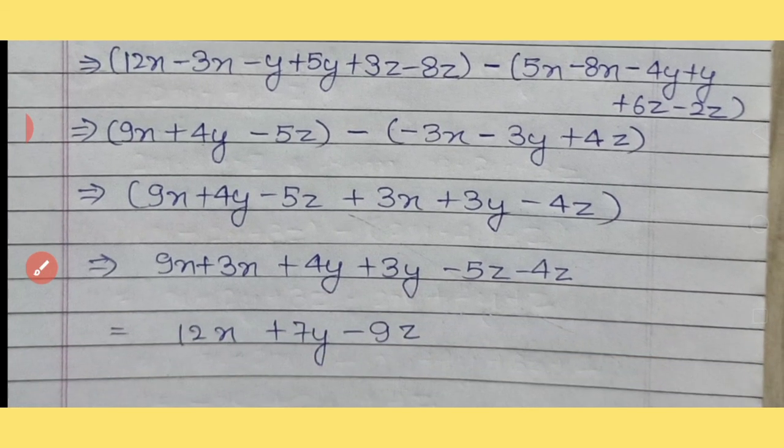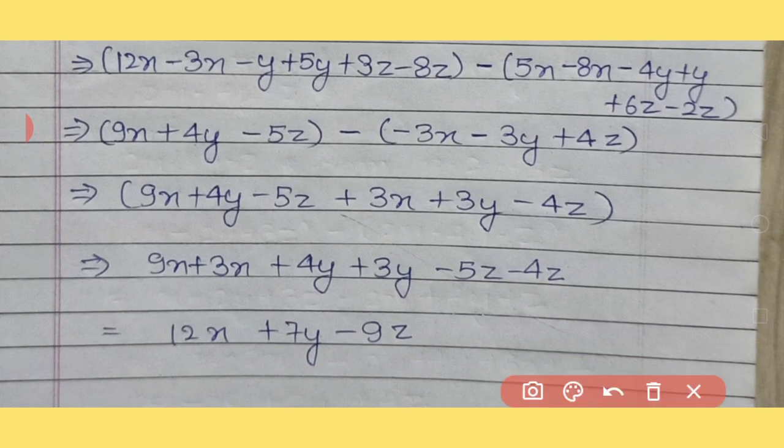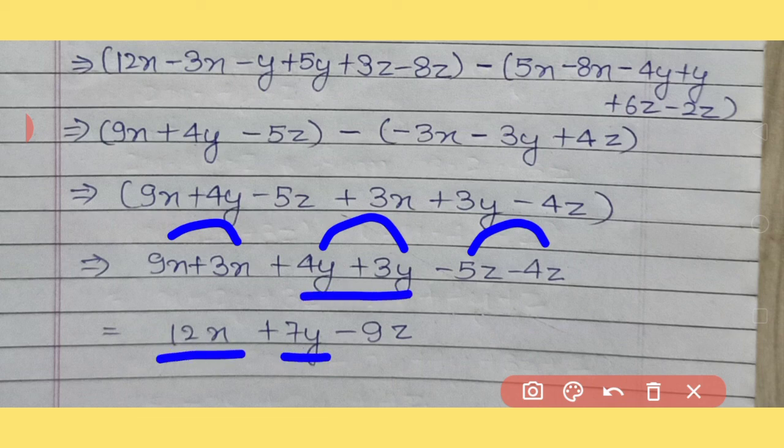Now we will put together the like terms. So 9x plus 3x, 4y plus 3y, minus 5z minus 4z. So 9 plus 3 is 12x, 4 plus 3 is 7y, and minus 5z minus 4z became minus 9z.